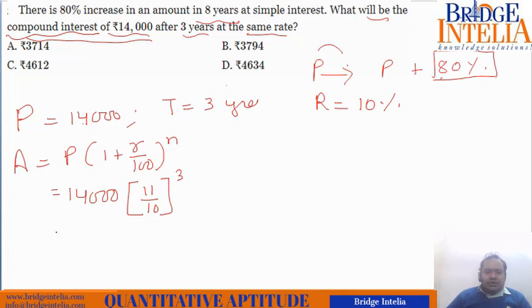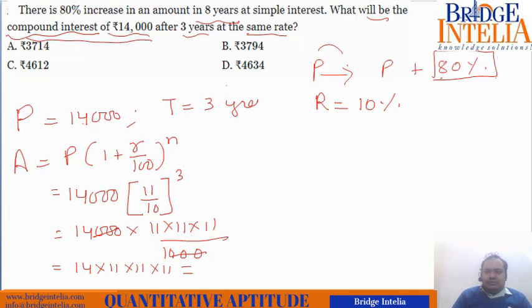cube. So that is equal to 14,000 into 11 into 11 into 11 by 10 into 10 into 10. So this is equal to 14 into 11 into 11 into 11, and this is equal to 18634.